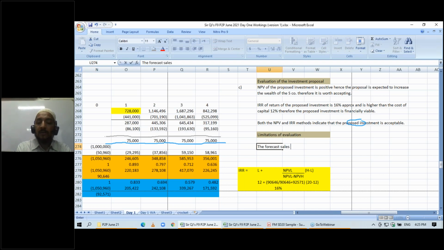The forecast sales volume that has been used may be different in reality once the project begins, and it is difficult to assess it for a product having a short life cycle.